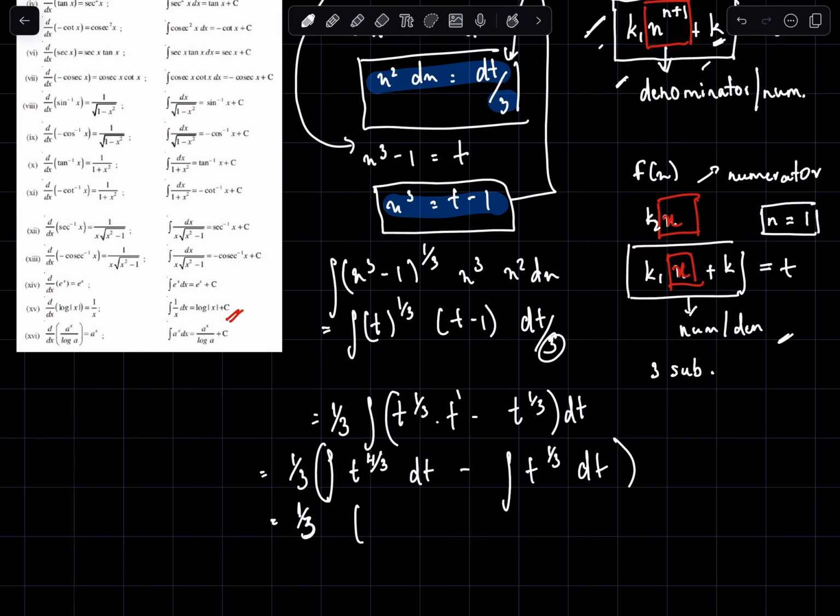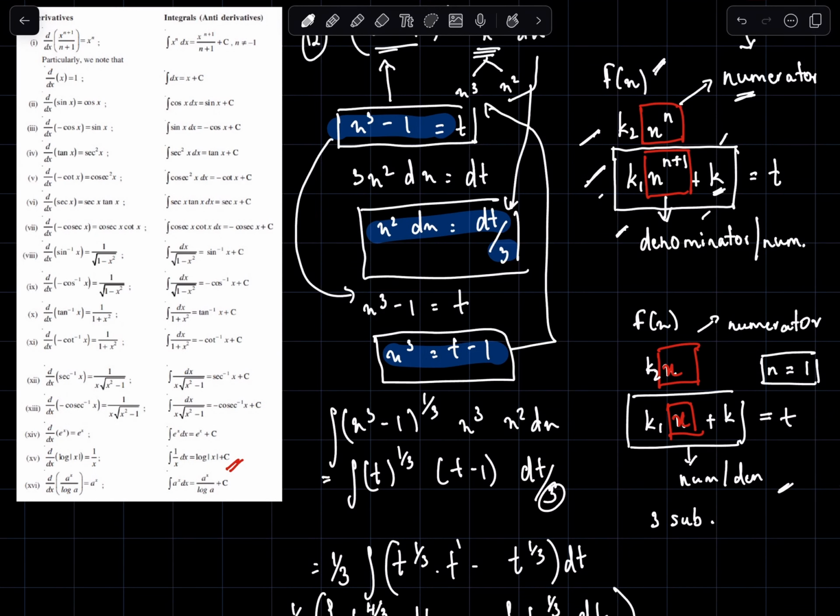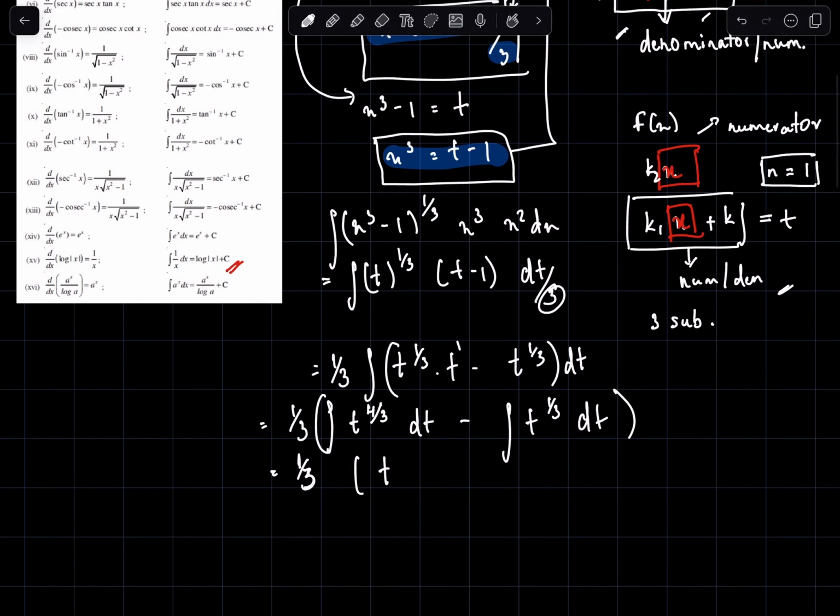So this whole thing is equal to 1 by 3. Okay, so let's integrate this. You know how to do this. So t raised to the power of 4 by 3 plus 1. So this is question number 12, right? Okay. 4 by 3 plus 1 is equal to, just put 3 here, so 7 by 3, divided by 7 by 3, minus, 1 by 3 plus 1 is equal to 4 by 3.